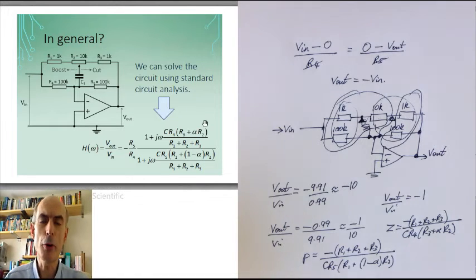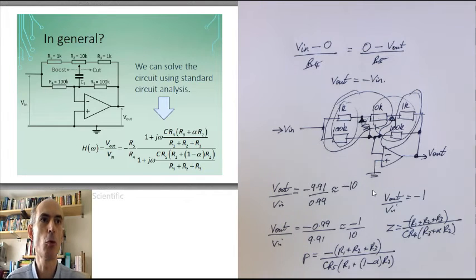So the position of the pole and the position of the 0 are moving when the slider is moved along the potentiometer track. As alpha increases, the break frequency of the 0 decreases, and the break frequency of the pole increases. So they kind of move against each other, like this.